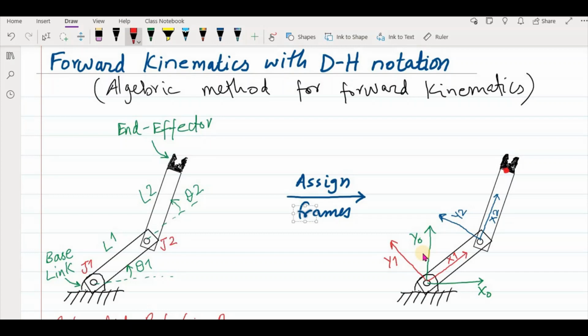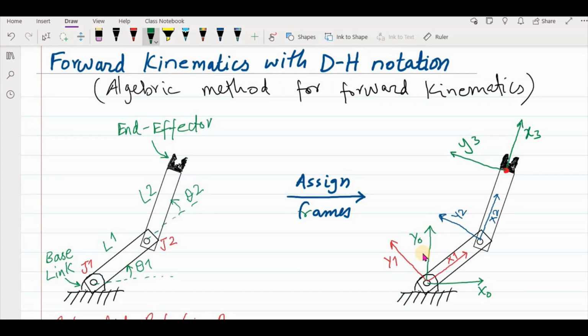So to measure the position and orientation of this point, we attach one more frame here. How we do that: we make this frame the same as the previous one. So let's say this is x2, and this will be your x3, and this will be your y3.